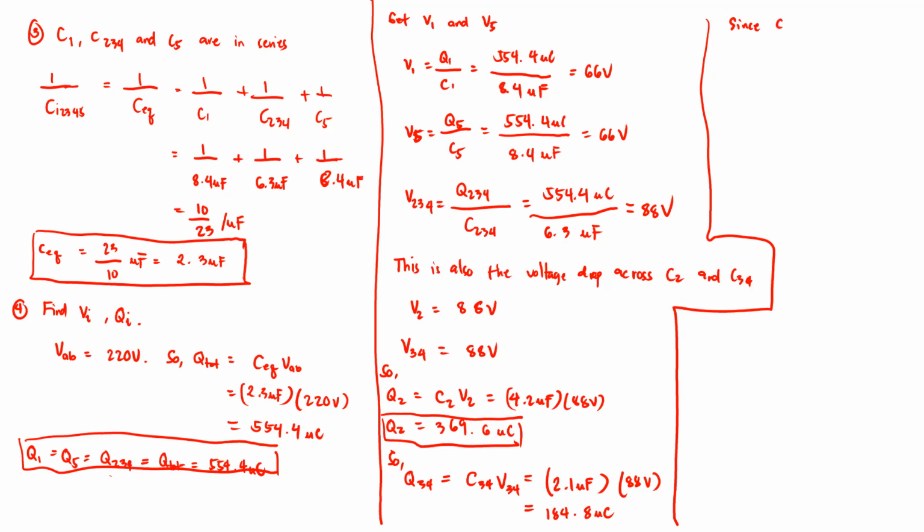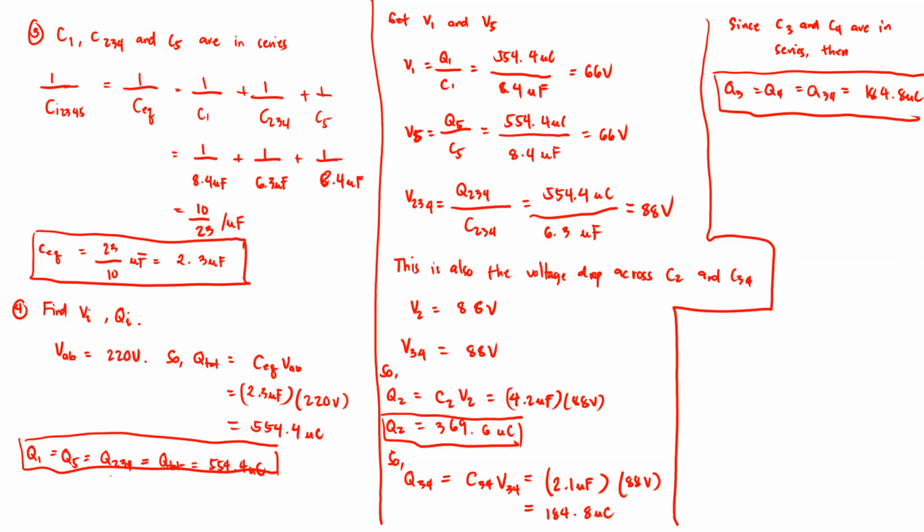Since C3 and C4 are in series, Q3 is equal to Q4 and it is equal to Q34. So this is 184.8 microcoulomb. Alright, so we have obtained all the charges on each capacitor.